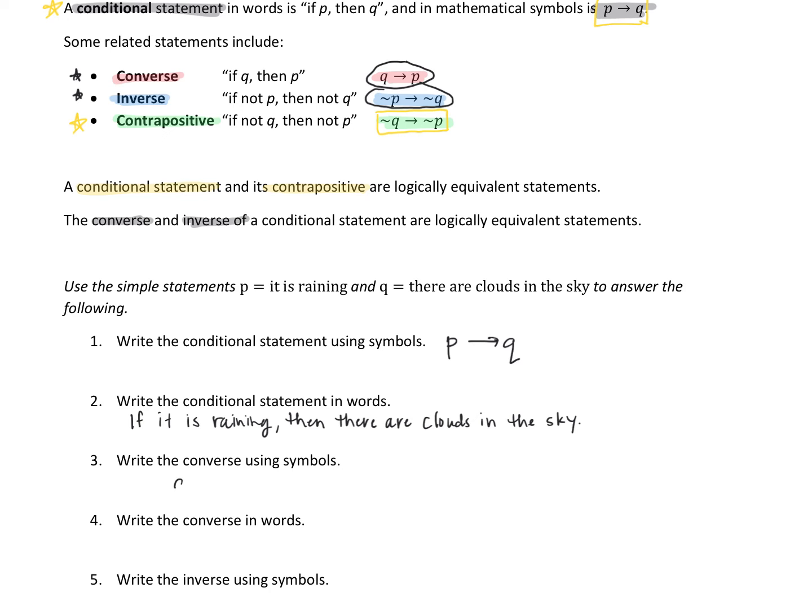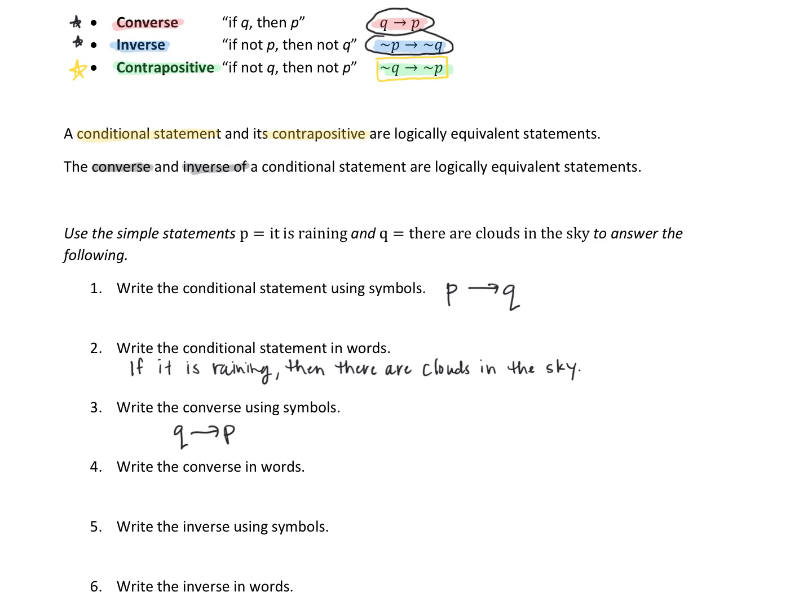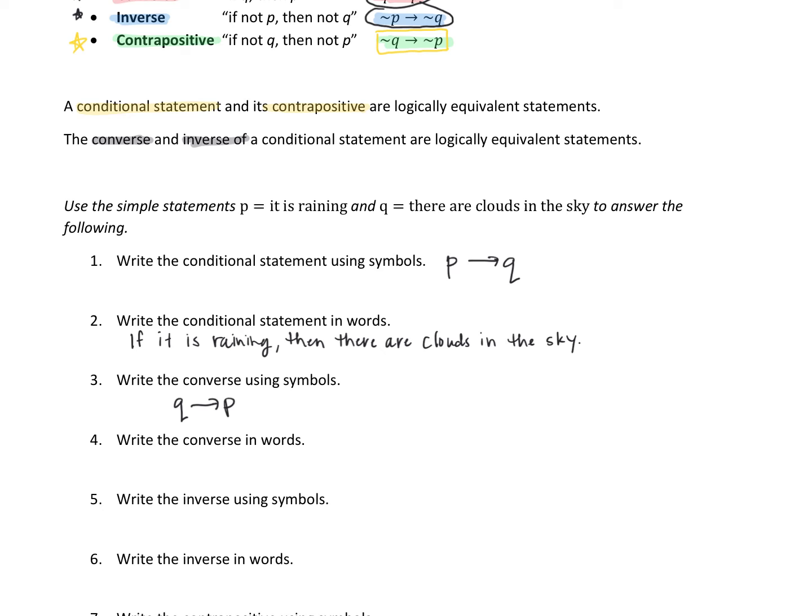So this will be Q implies P. So if Q, then P. So write the converse in words. If Q, so Q is there are clouds in the sky. So if there are clouds in the sky, comma, then P, it is raining.